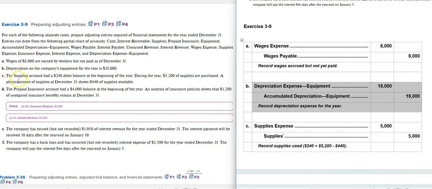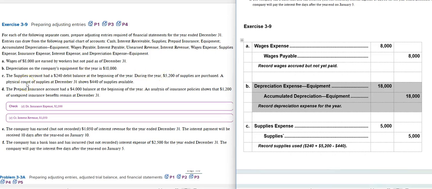The third adjusting entry, the supply account has a current $240 debit balance at the beginning of the year. Then during the year, $5,200 of supplies were purchased. So those were added to that beginning debit balance, bringing the balance up to $5,440.